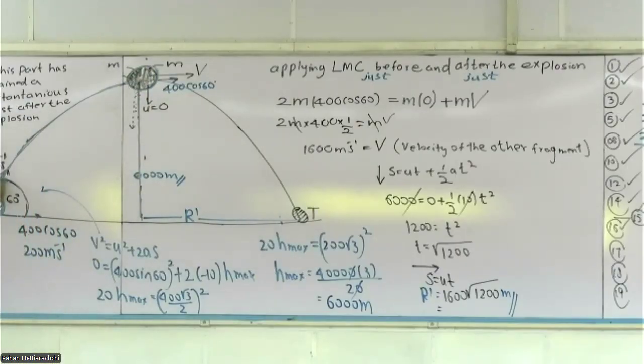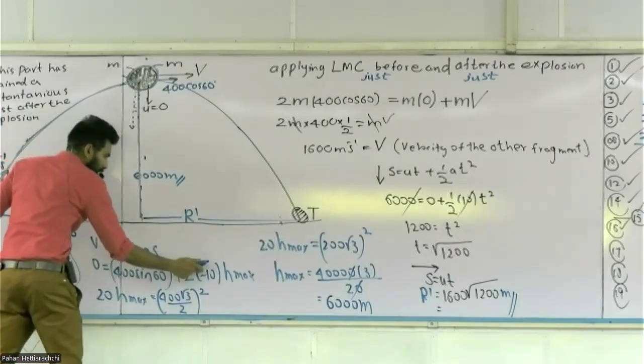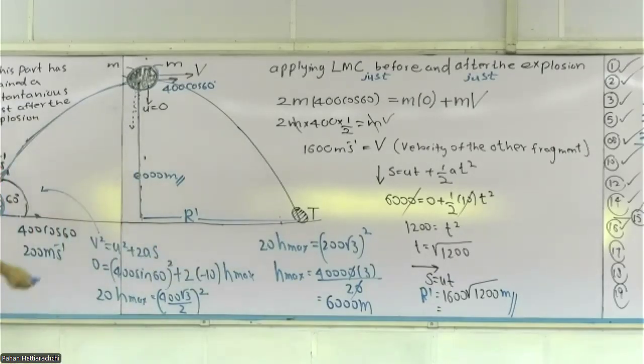Initial velocity is 400 sine 60 upward. Plus 2 times minus 10 h max. 20 h max is equal to 400 sine 60, root 3 over 2, square. 20 h max, 200 root 3 square.